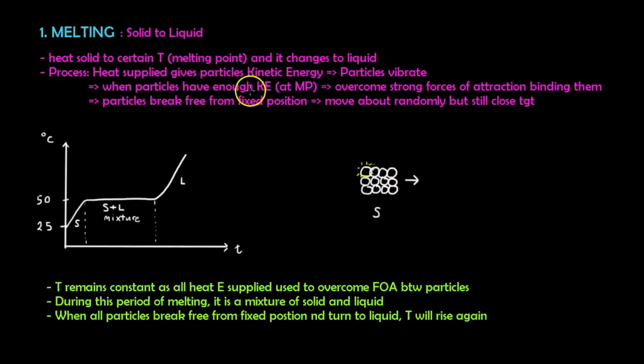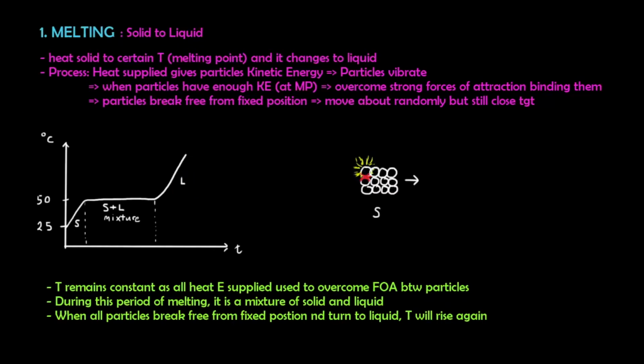And when particles have enough kinetic energy, KE means kinetic energy, at MP, which is melting point, they can overcome these strong forces of attraction binding them. Remember in our previous video, we mentioned that there are forces of attraction between them that hold them in place. However, we can change this by giving them so much energy that they keep moving about more vigorously.